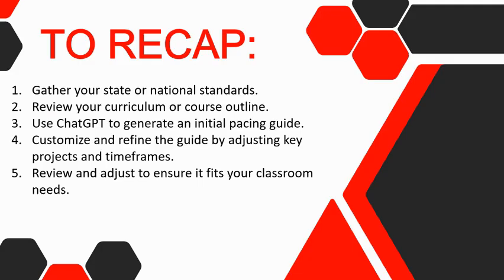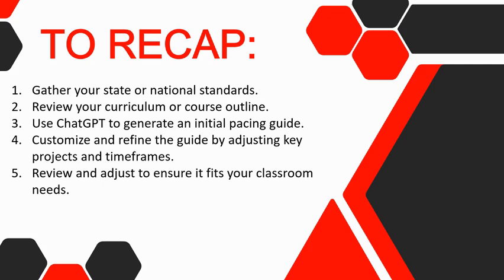So to recap, overall, here are the key takeaways to create your own pacing guides. So of course you want to gather your state or national standards, whatever you're using as far as standards to what your students should be learning throughout that course. The next thing you want to do is if you have any curriculum or course outlines, or if you don't have that, if you can type in main topics that you'll be covering, whatever you're using to cover that course.